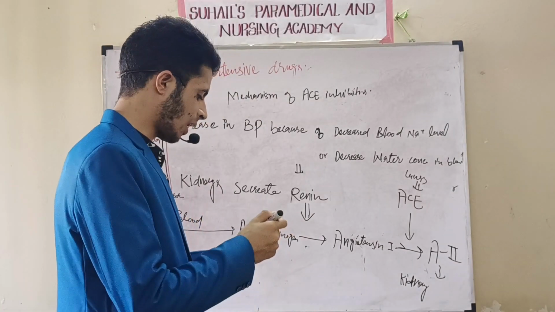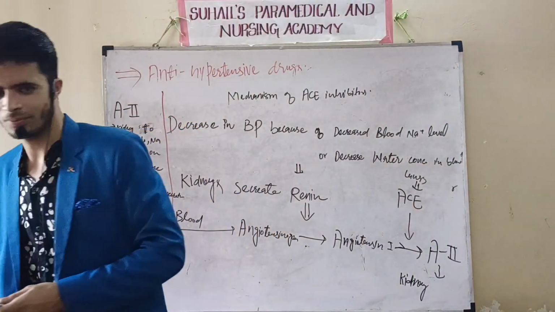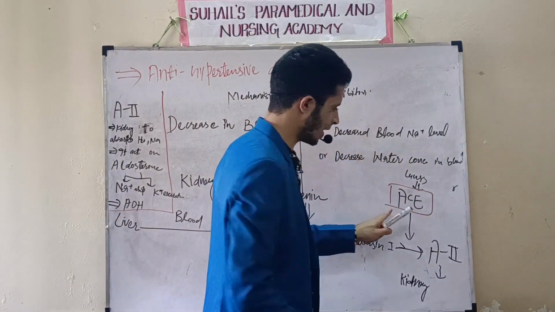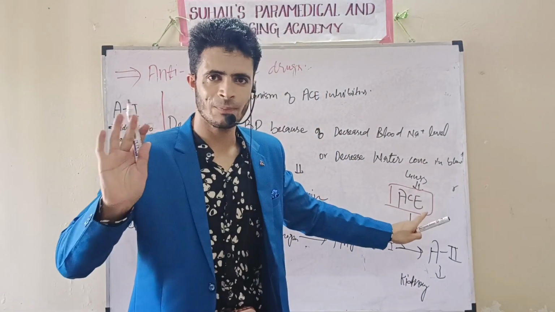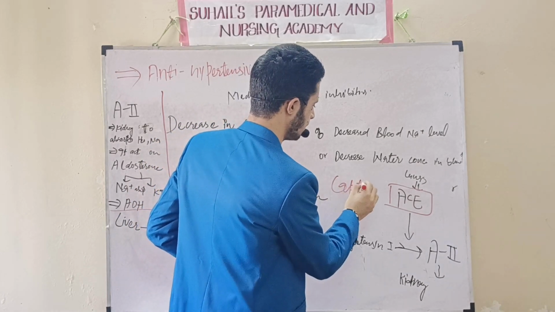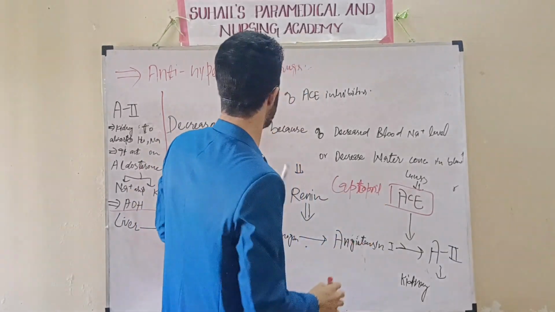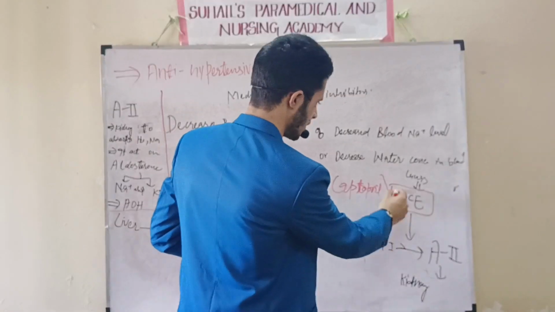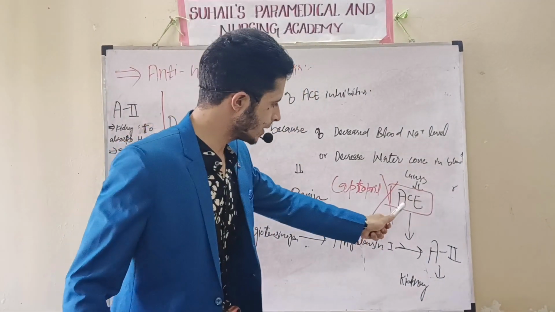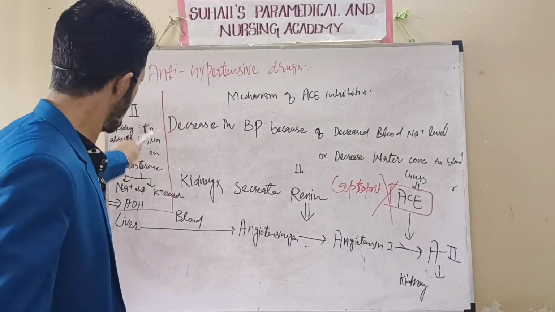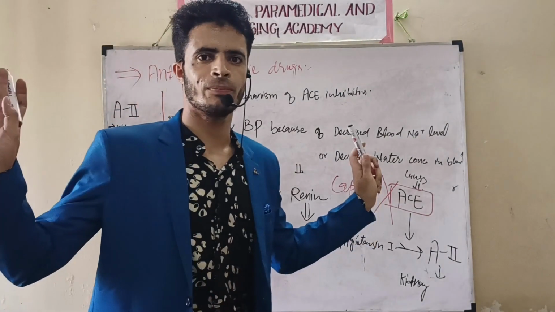Now I will tell how the ACE inhibitors work. Here was ACE, angiotensin converting enzyme. Now we will provide captopril. The captopril is an angiotensin converting enzyme inhibitor. It will inhibit this setup. When it inhibits this setup, this conversion will not occur, and all of this will not occur.